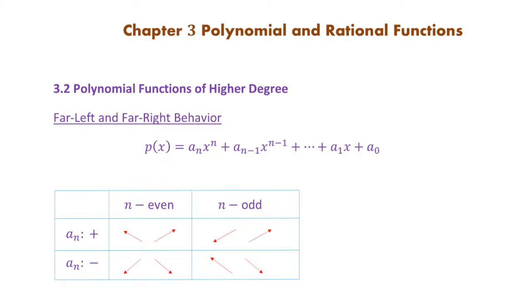But it will be much more helpful if you know the far left and far right behavior of the curve. Okay, so you know how it goes on the left and on the right, and then you just figure out the curve in between, right?